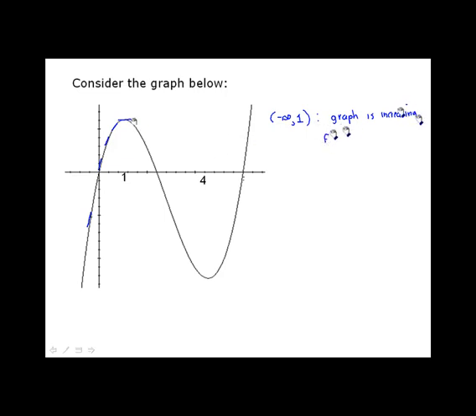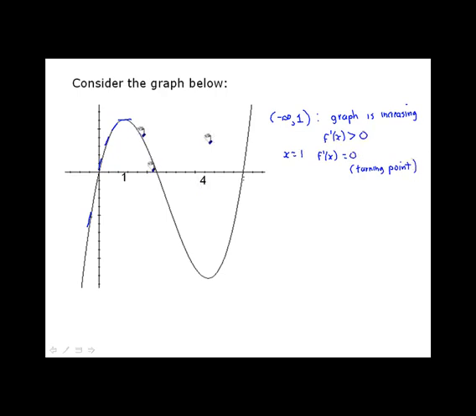So this would make sense. F prime at x is greater than 0, or I hope it makes sense. The first derivative would be positive. And then right at x equal 1, we would say that f prime at x is equal to 0, a turning point. So the first derivative, the slope of the tangent line, is 0, so the first derivative is equal to 0.